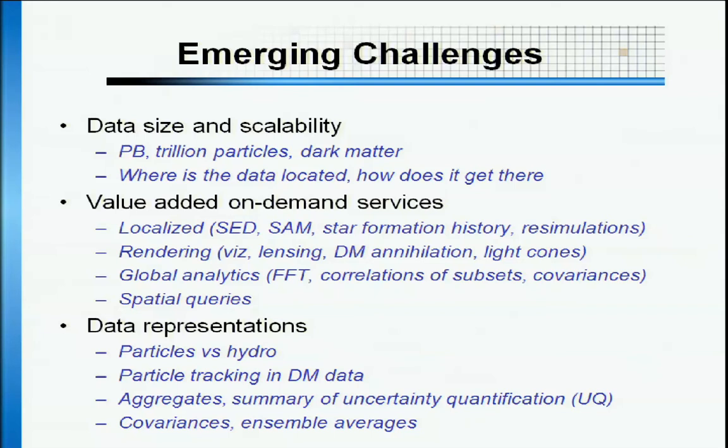There is an increased emphasis on value-added on-demand services. I put them into a couple of categories. Some of them are localized. A lot of these are pre-computed, so you can now generate SEDs, semi-analytic models, star formation histories, and so on. You can also take a subvolume and resimulate. But people now want to do this on the fly.